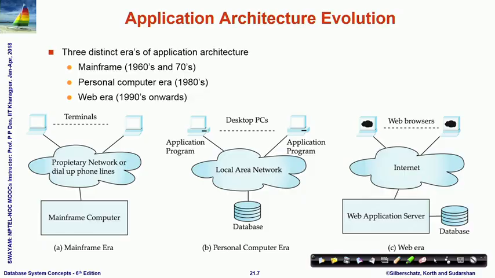From 1990 onwards, roughly the last 30 years, applications are typically based on web browsers. The front end where we interact is a web browser, which connects to the web application server and the database through the internet. I must tell you at this point that the cloud shown as internet does not necessarily have to be the web.